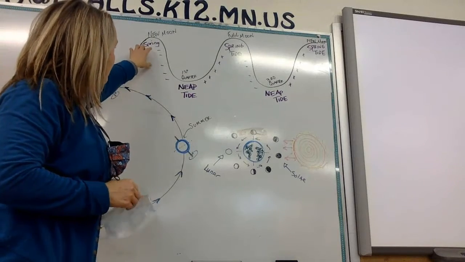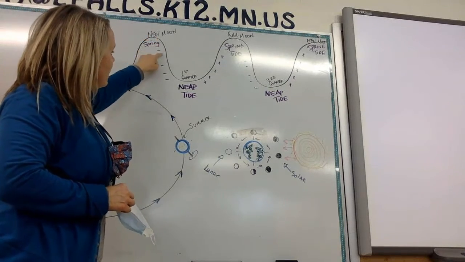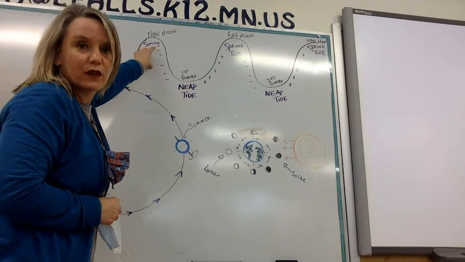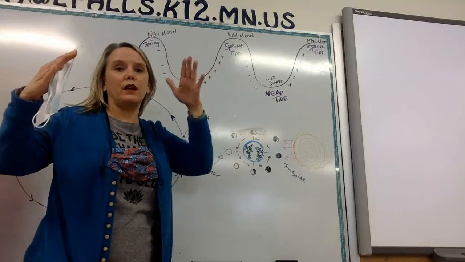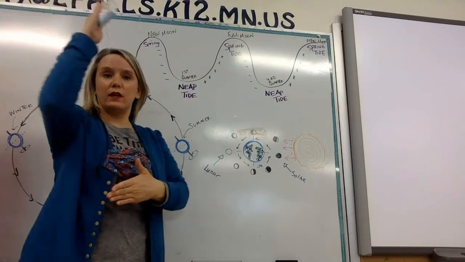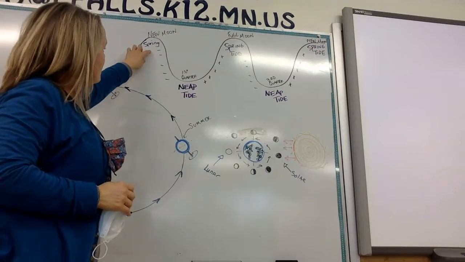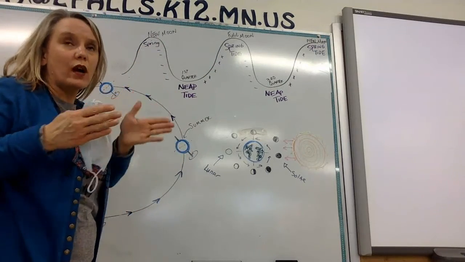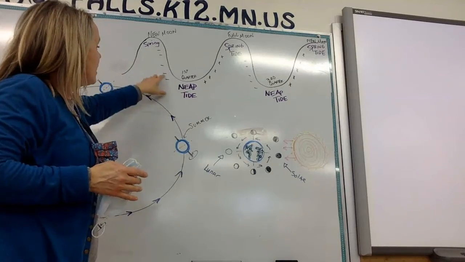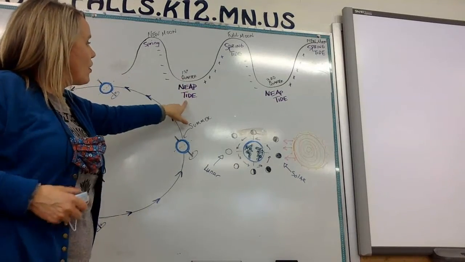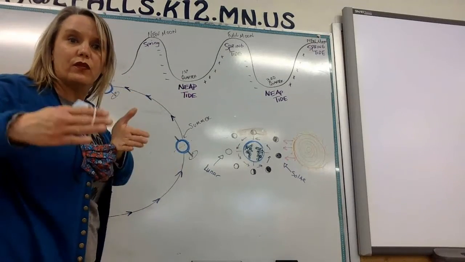As we leave the new moon and head through the crescent moon phases, as that moon is moving from being lined up completely to a 90-degree angle, it's going to decrease in tidal range. So it'll come in a little bit less and go out a little bit less until we get down to the first quarter, where the water might not move very much at all.